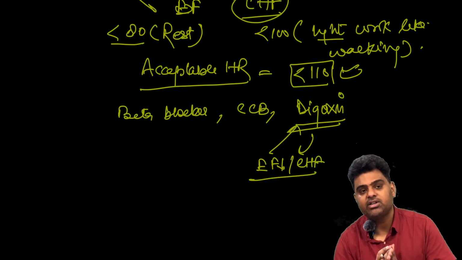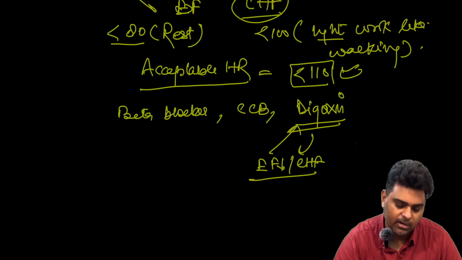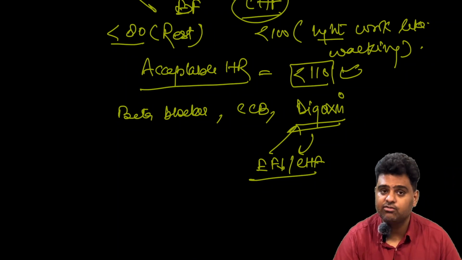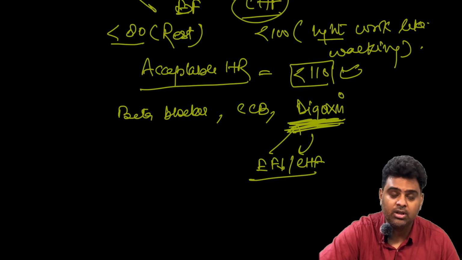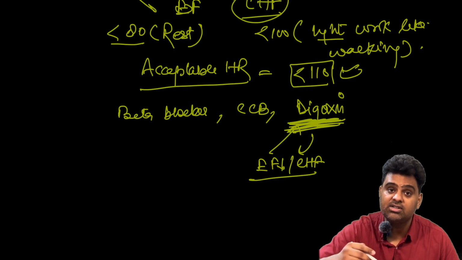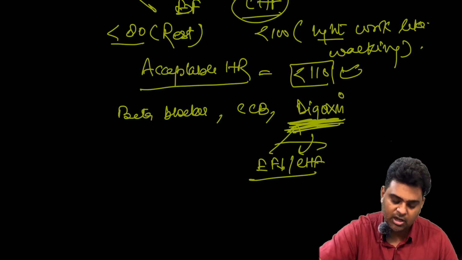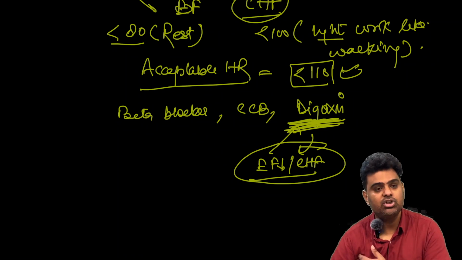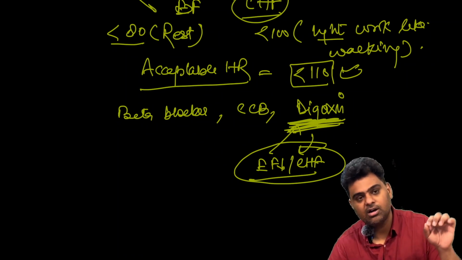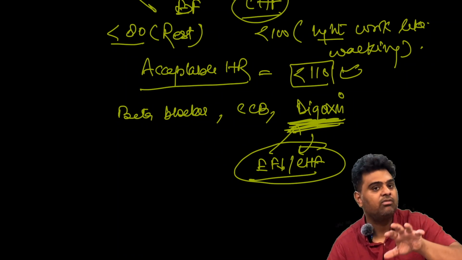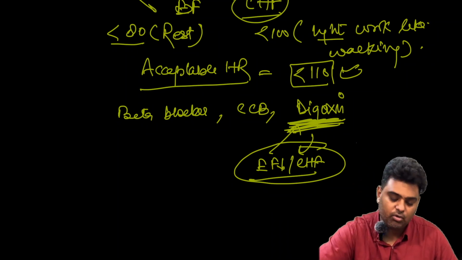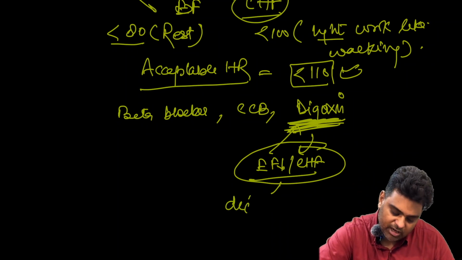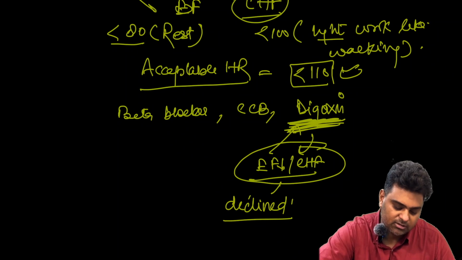But recent studies, Harrison mentioned this, have shown that using digoxin in controlling ventricular rate in atrial fibrillation increased the mortality. Therefore, its use has declined. This is the exact line from Harrison.